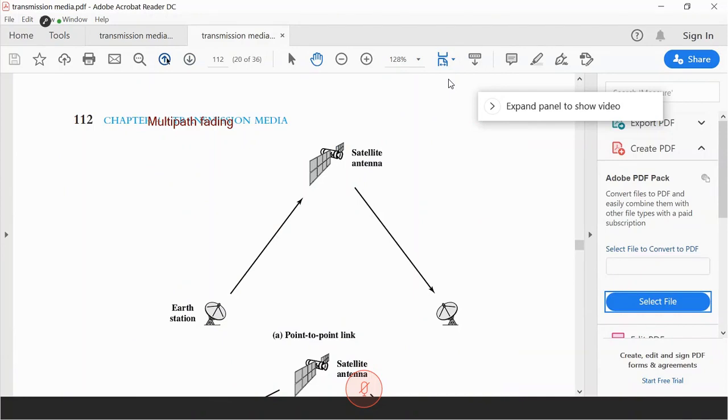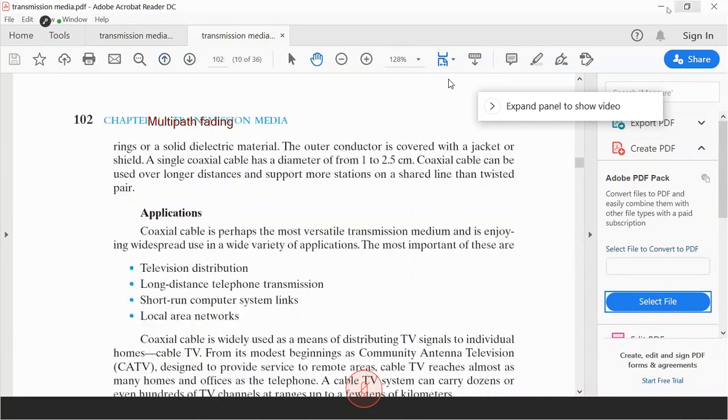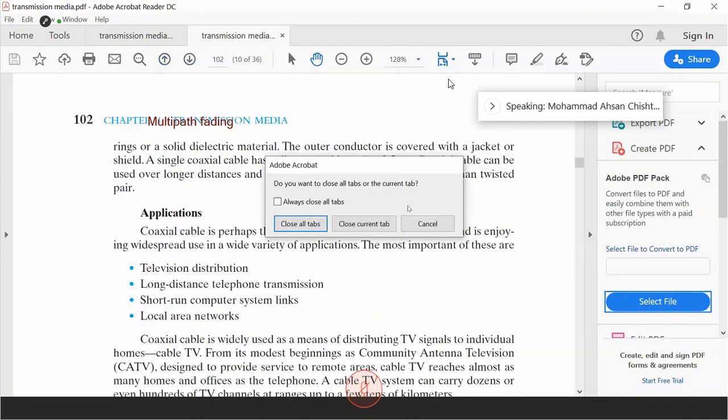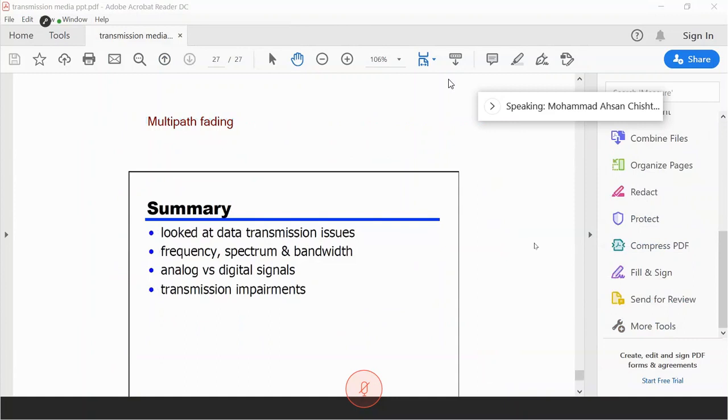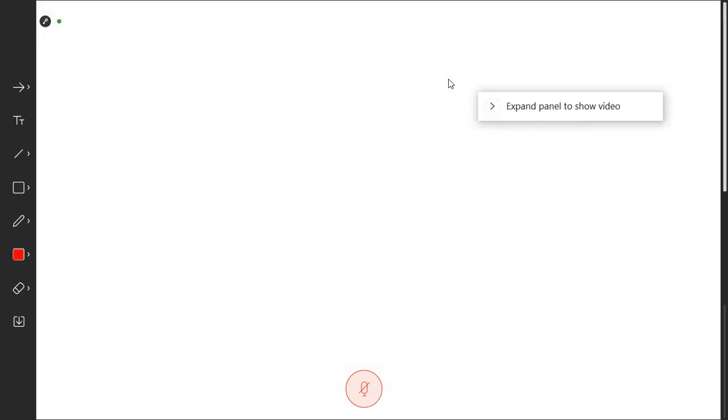So the next part is about transmission impairment. For that, I would use the whiteboard. Okay. Topic is transmission impairments. This is the last topic for today.